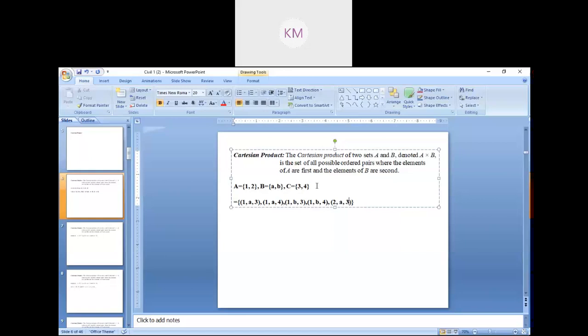I will give you one homework. You will write all the elements and verify whether it will be 8 or more than 8 or less than 8. Okay? Will you do it? Ma'am, we will try.